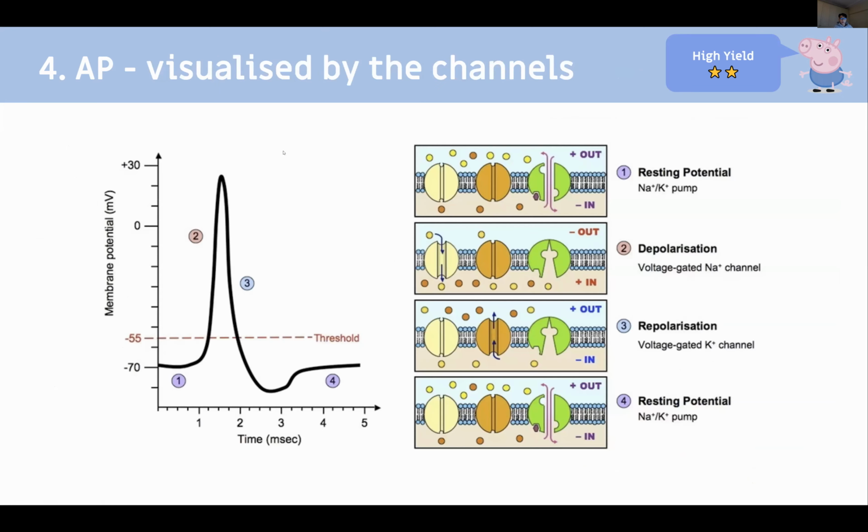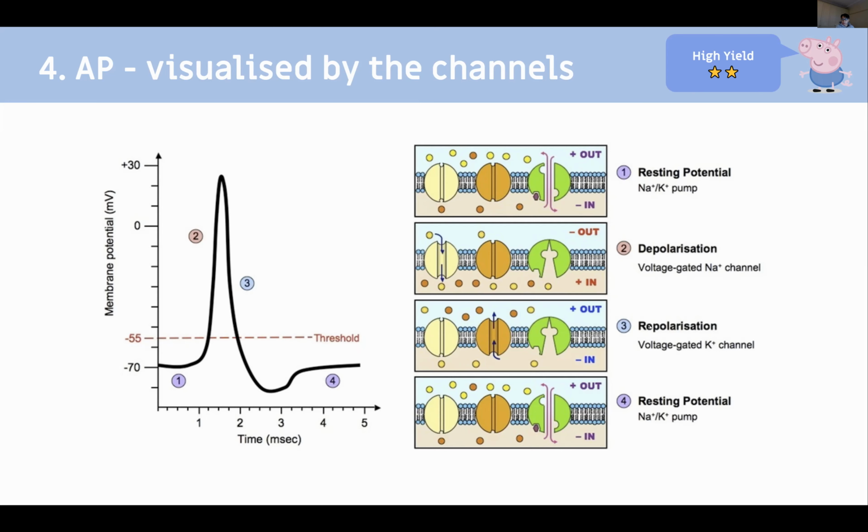So here's another diagram to visualize what is happening with the action potential. At our resting potential, we have our sodium potassium pump maintaining that. During depolarization, we have our voltage gated sodium channel opening, and this is going to result in an influx of sodium.